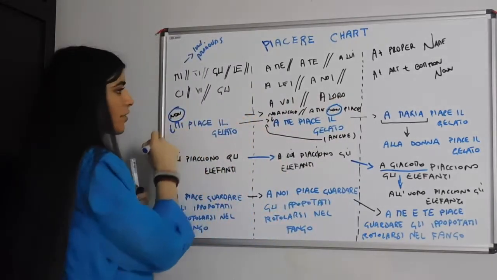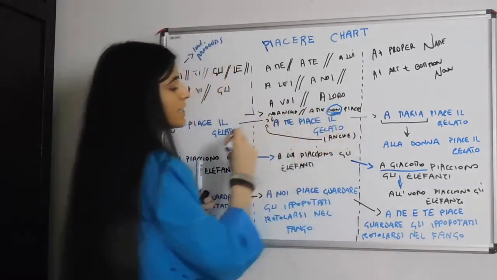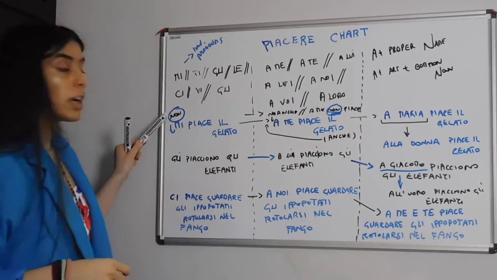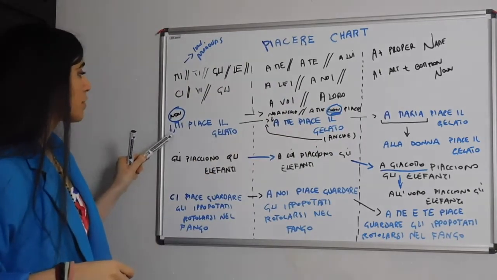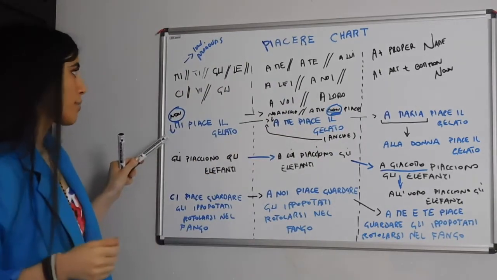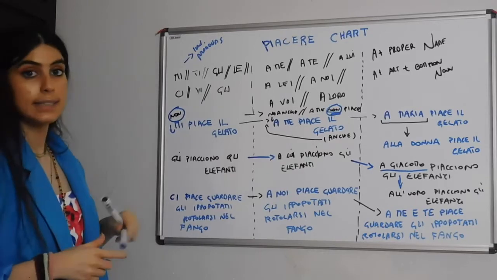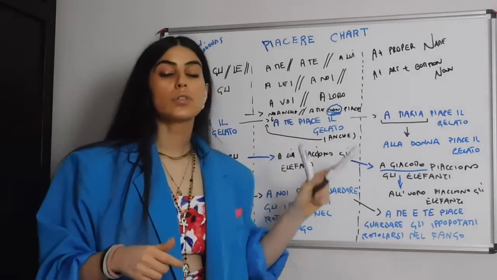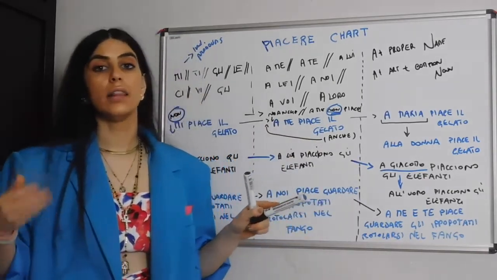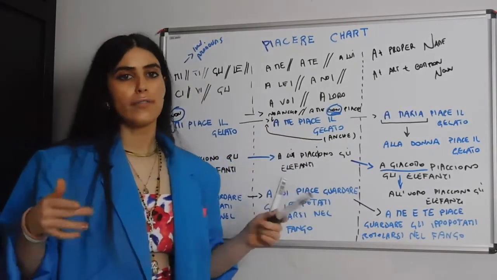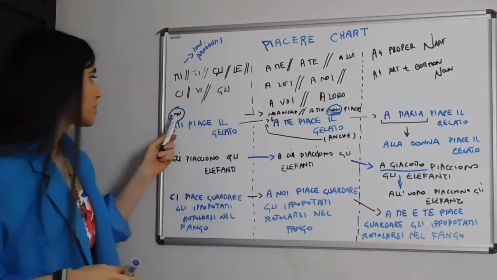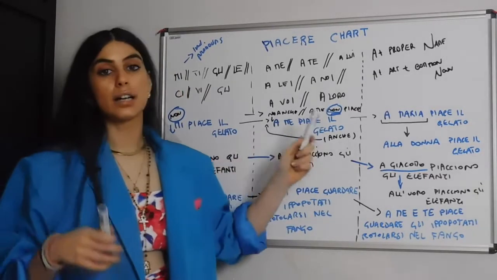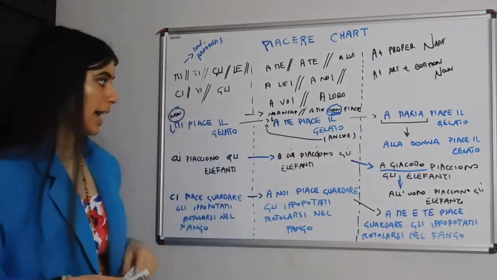Non here goes first, and non here goes second. In other words, non must be put before mi, ti, and any other pronoun written at the top of the first column. But non will be put after a me, a te, a lui, a lei, a noi, a voi, a loro.